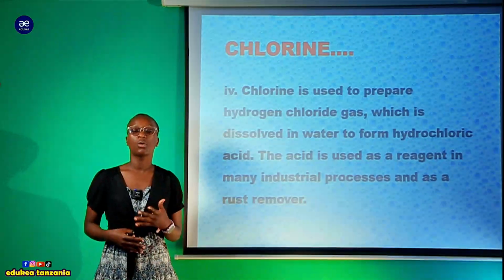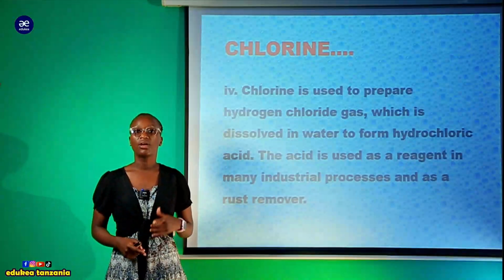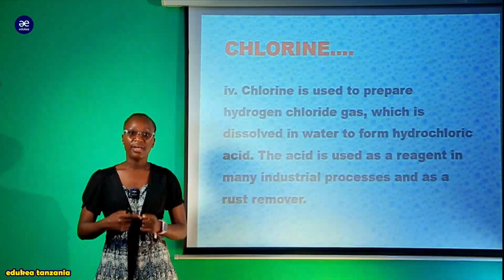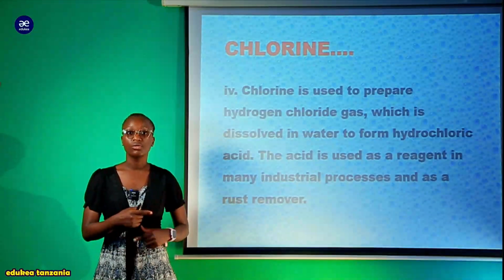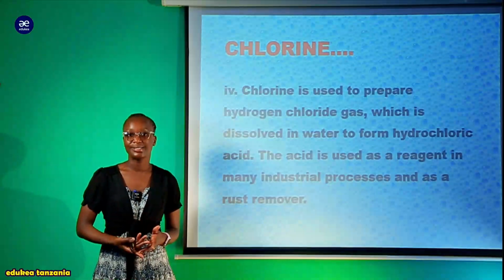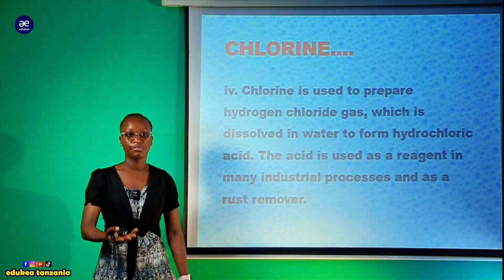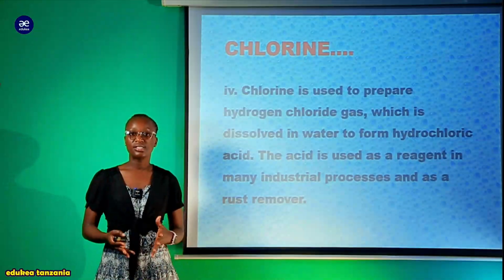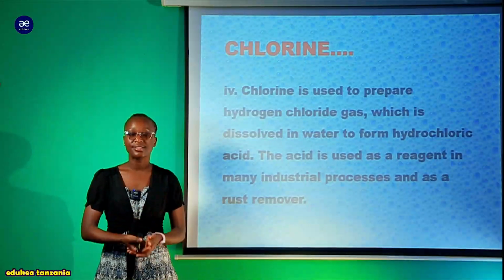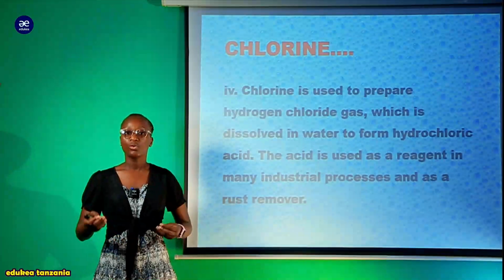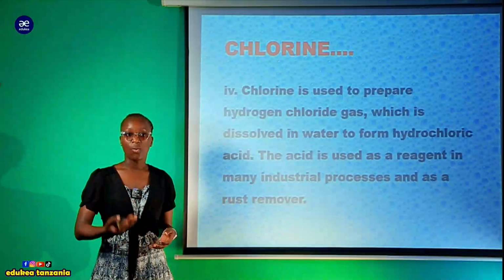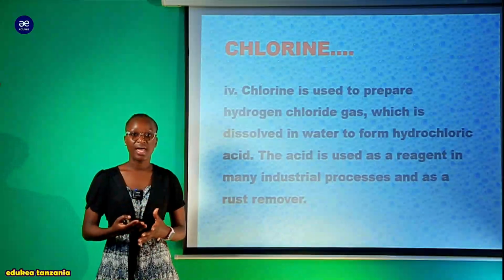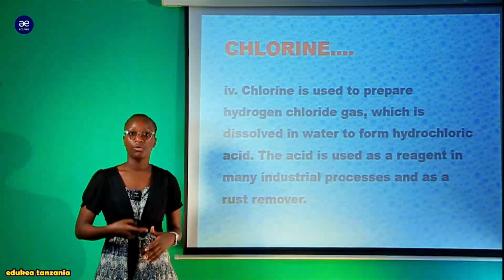So it is useful na imezalishwa kutokana na uwepo wa chlorine, kwamba chlorine alitumika kuiprepare hydrogen chloride gas, ambayo hii hydrogen chloride gas ilidissolve kwenye water. Baada ya kudissolve kwenye water tukapata reagent hydrochloric acid, na ile reagent hydrochloric acid inakuwa useful in our daily life. For instance, in the iron substance, where once it is contaminated with rusting, it may develop rusty, tunaenda tunamwagia mule au tunatumia kusafishia in so forth, and our substance or our materials zinakuwa modified, zinakuwa saved and zinaendelea kusurvive for long time.